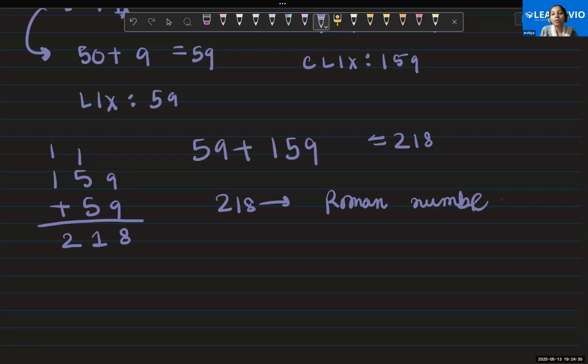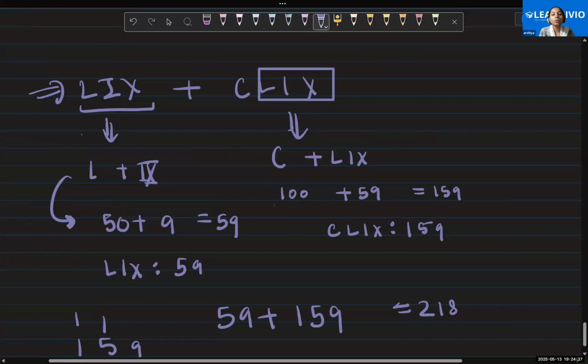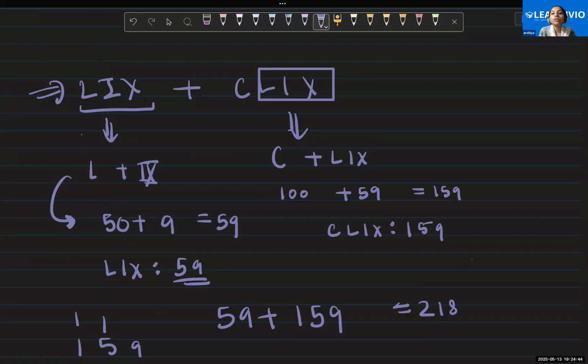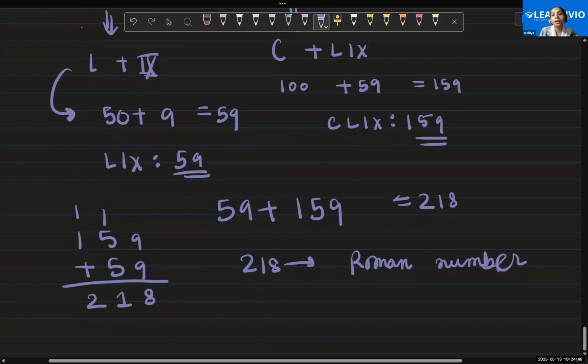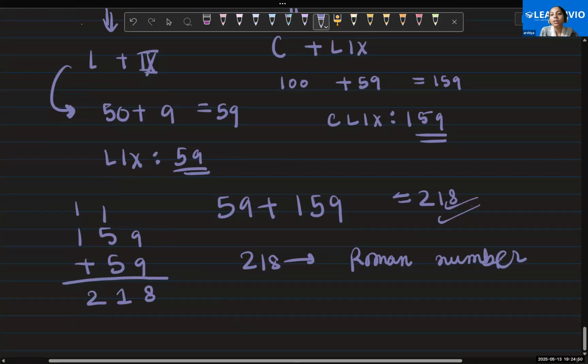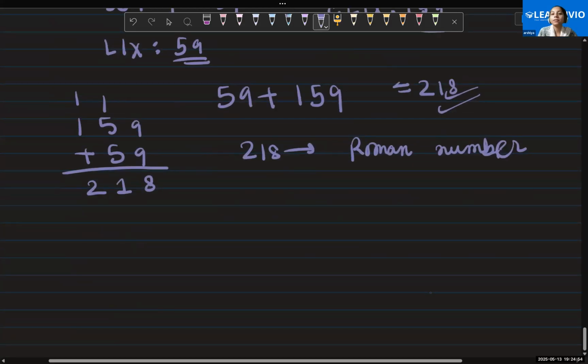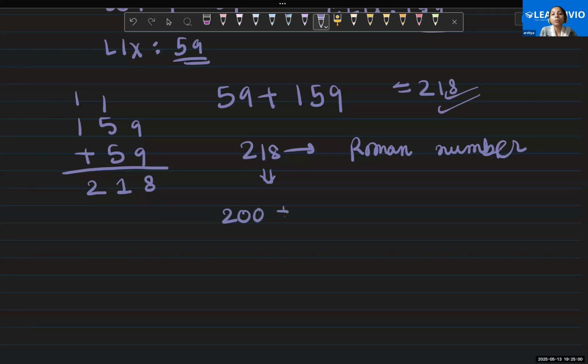Let's recap before converting. First we had Roman numbers. We converted these into simple numbers, both of them, and we got two different numbers. Then we added those numbers and got one answer. Now this answer we will convert into a Roman number, which is very easy. 218. How will I write this? We will write the expanded form: 200 plus 10 plus 8.